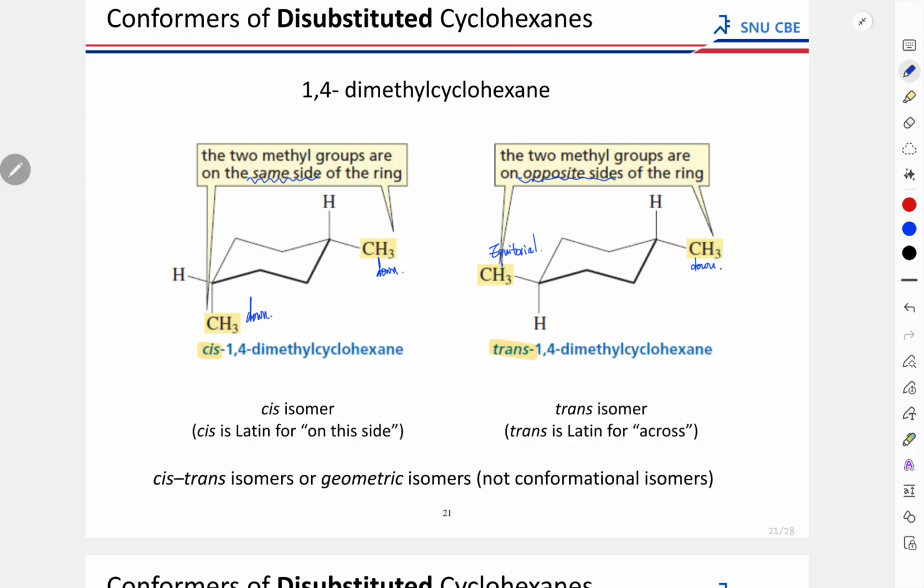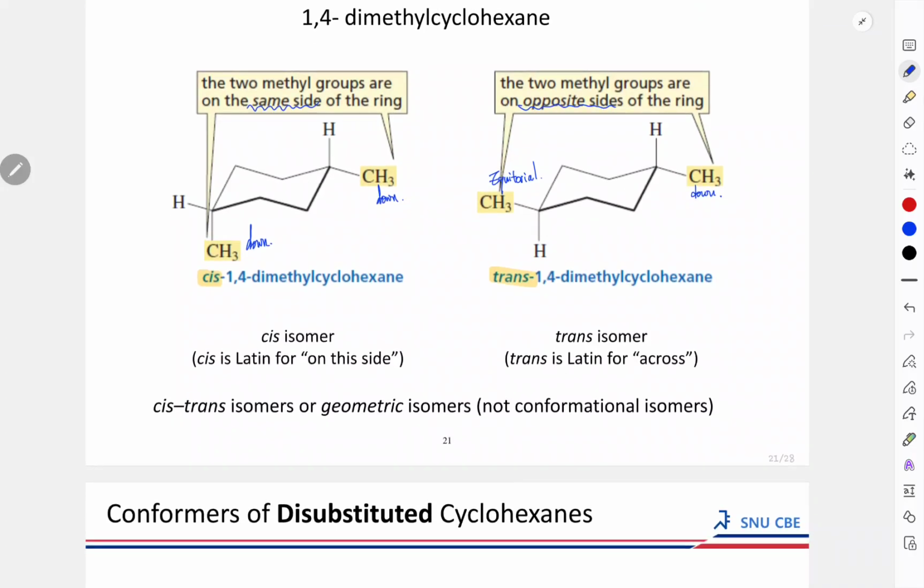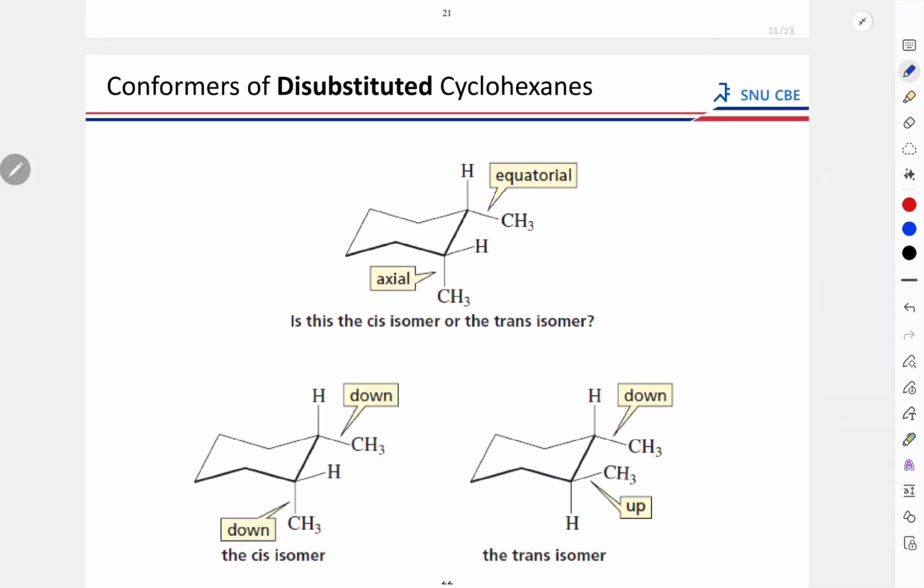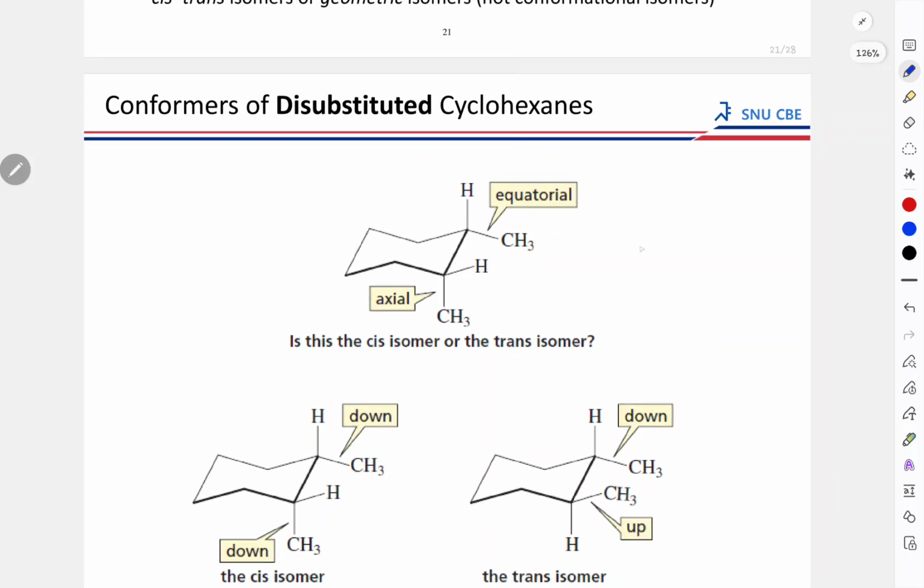Okay? Trans means across, on a different side, in other words. So cis and trans isomers, this is called geometric isomers. We'll learn about and define all the terminology for isomers in the next chapter. For now, you can accept this as cis-trans isomers or geometric isomers. These two are not conformational isomers. Okay?